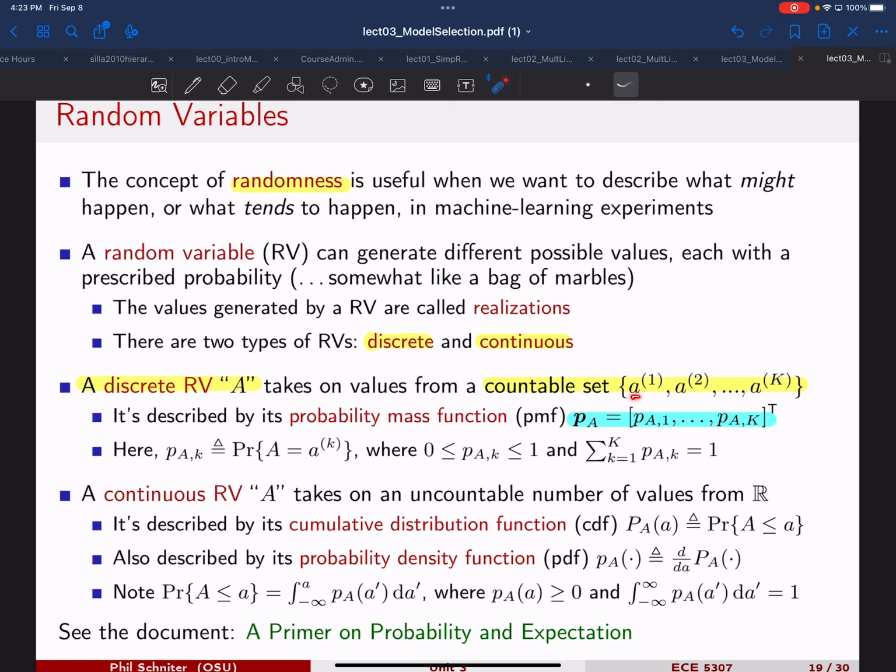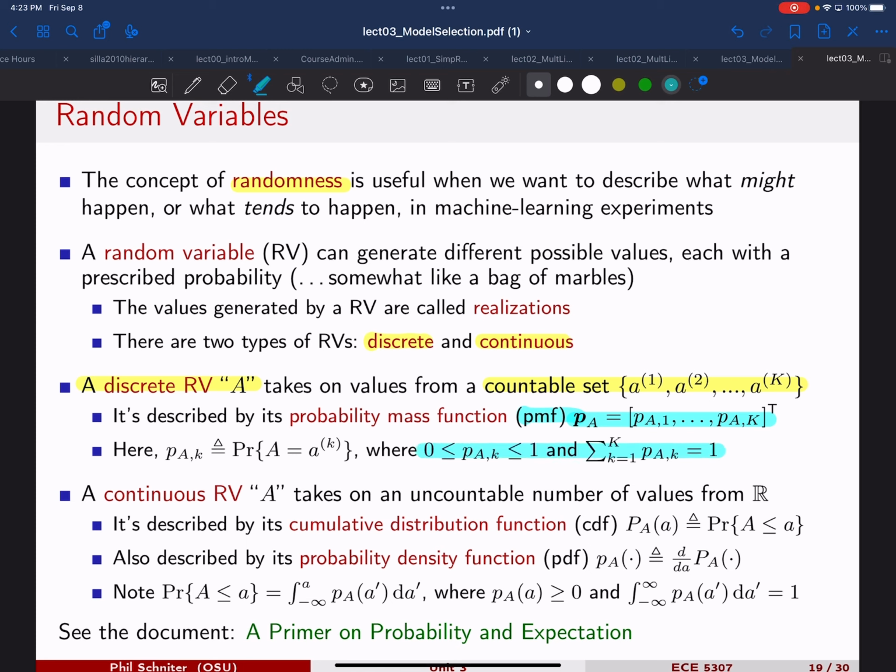When you look at all these things together, the probability that any one of them happens is 1. So when you sum up these probabilities in this vector, they must sum up to 1. That's one of the properties of this probability mass function. It's a vector where the elements sum to 1, and all the elements individually live between 0 and 1.